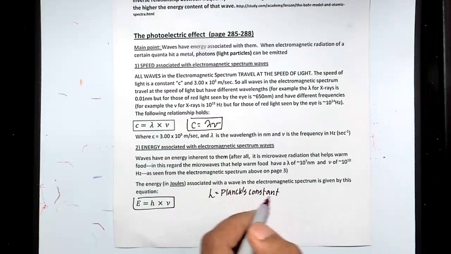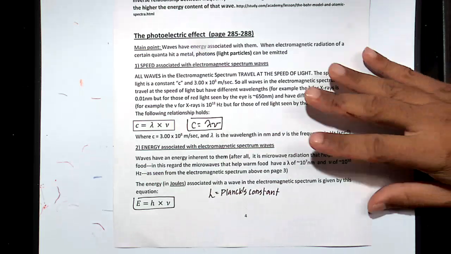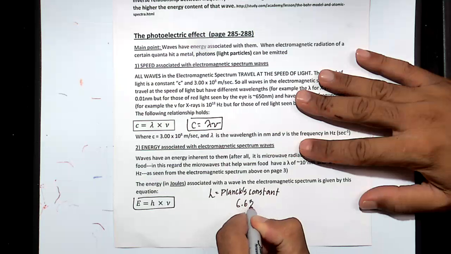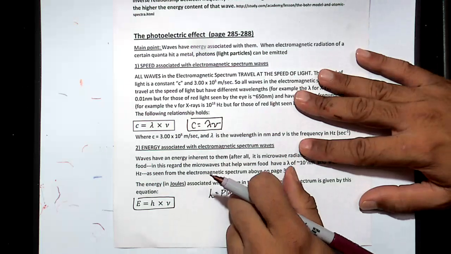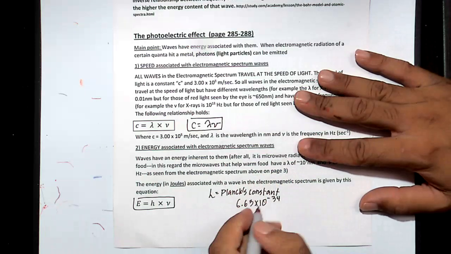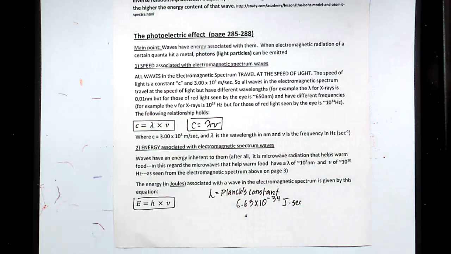I'll give you Planck's constant on the exam, so do not memorize it. It's 6.63 times 10 to the minus 34 joules times second.